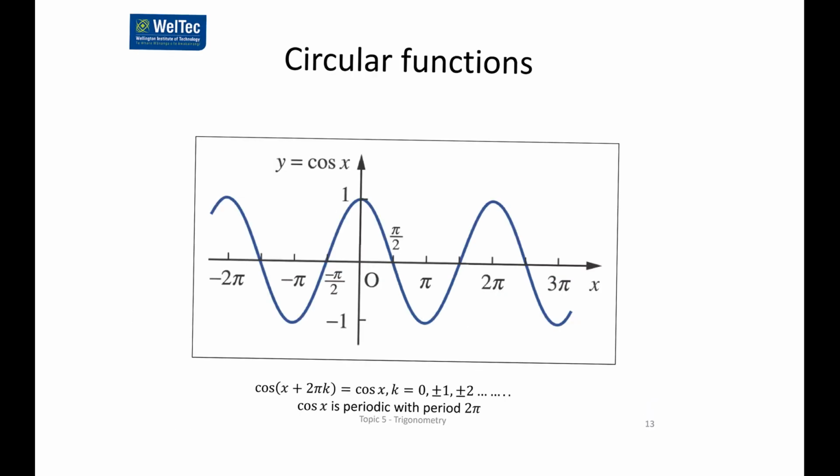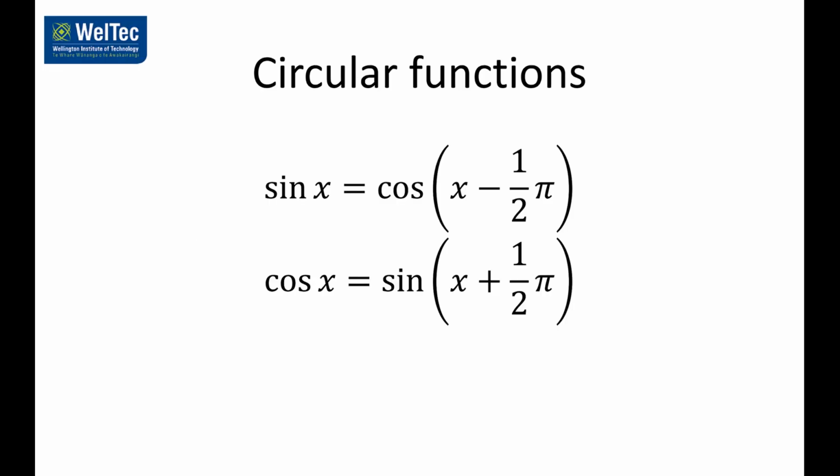Similarly, we write that the cos curve is the cos of x plus 2 pi k, or n, whatever, and again you can see that the cosine function is periodic. It has a period from 0 to 2 pi, and it's repeating itself again, so it has a period of 2 pi also.